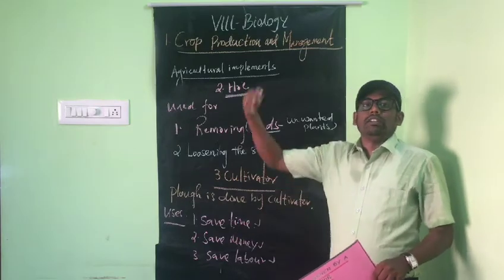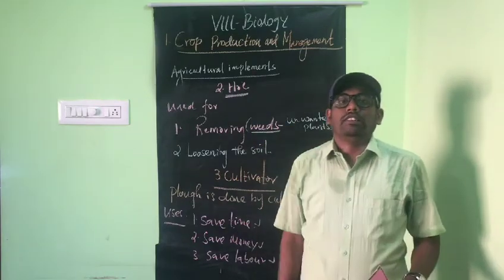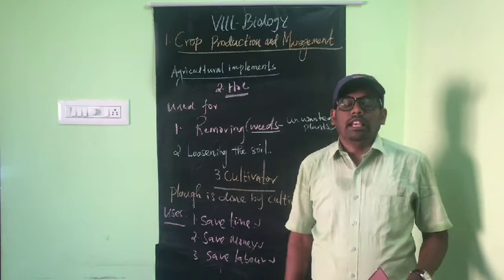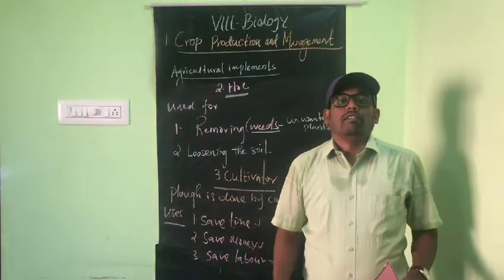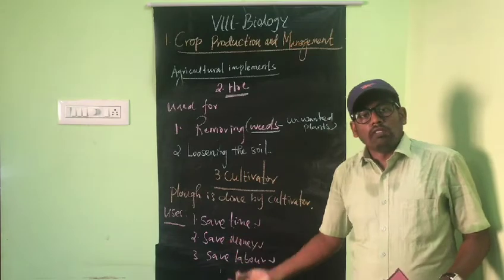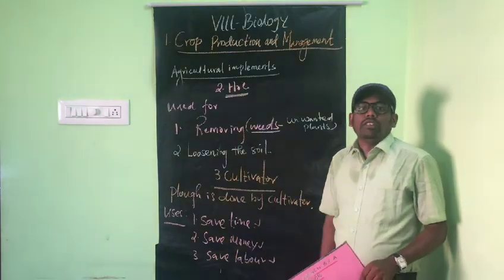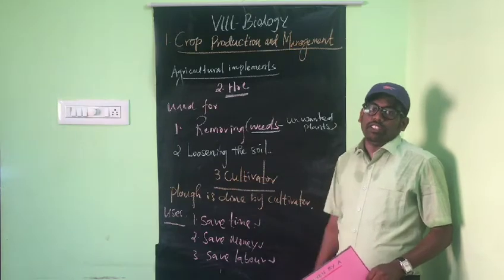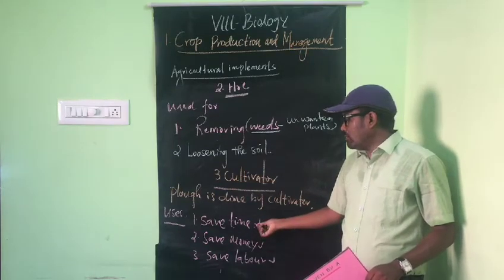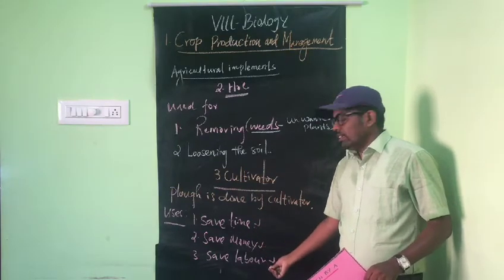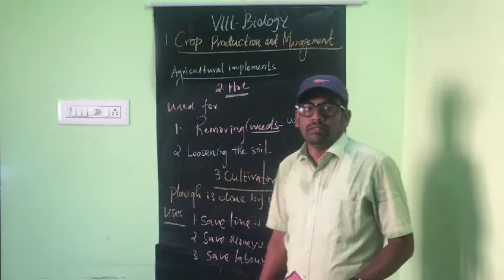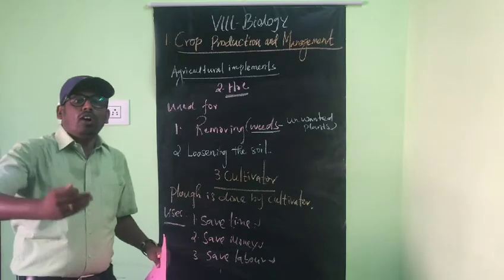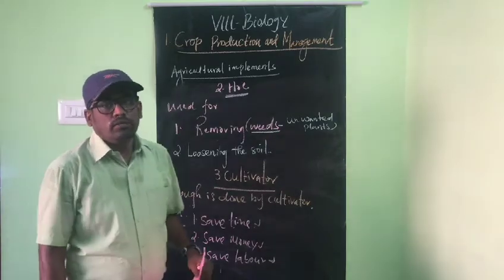When the number of laborers increases, we have to give salaries. Here minimum laborers are involved, so money is also saved. So these are the uses of the cultivator: save time, save money, save labor. We need not call more laborers.